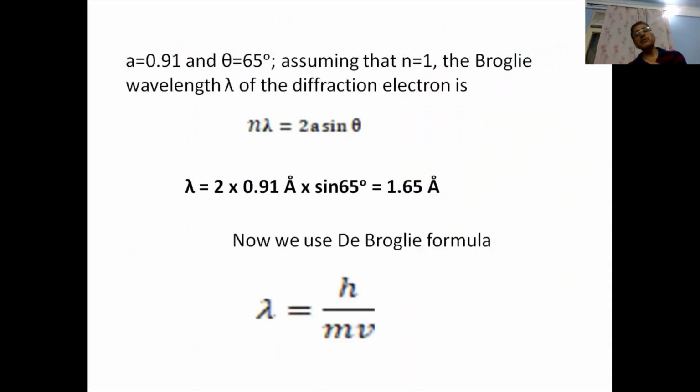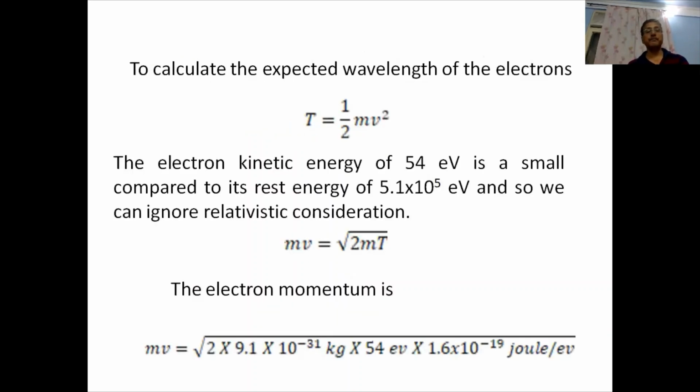Now let us calculate the same wavelength from the de Broglie formula, that is lambda is equal to h upon mv. To calculate the expected wavelength of the electrons, we use the formula of kinetic energy T is equal to half mv squared. We have not used the relativistic formula, as the electron kinetic energy of 54 electron volt is small compared to the rest energy of 5.1 into 10 to the power 5 electron volt for the electron, and so we ignore the relativistic consideration.